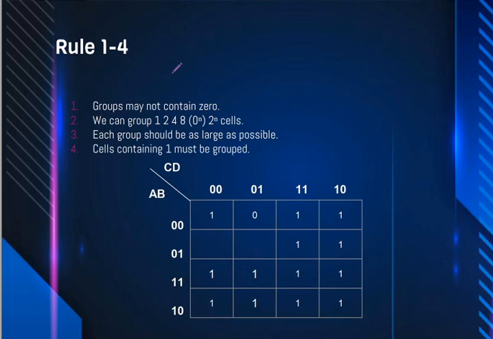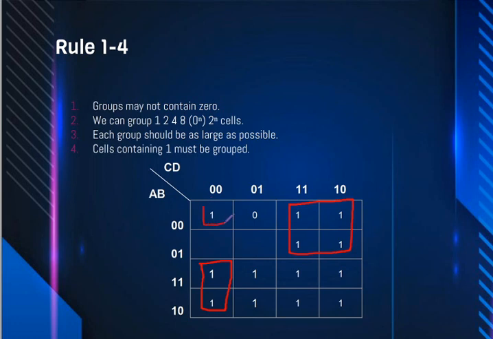Groups may not contain 0. That is the same, because we are taking SOP form, so it should always be 1. Second, we can group 1, 2, 4, 8 cells. What is grouping? Grouping is making pairs, like we'll make this quad. This is a group. We'll make this grouping. This is a group.